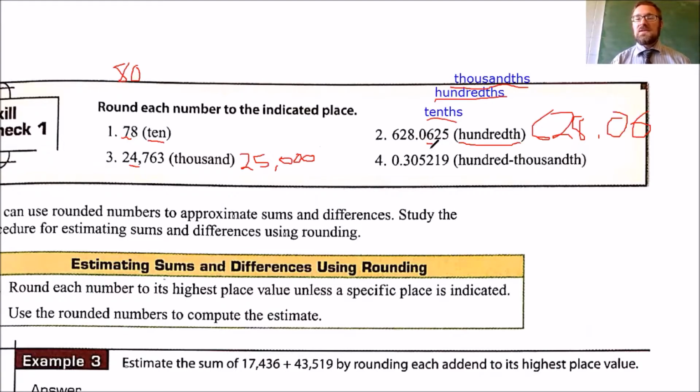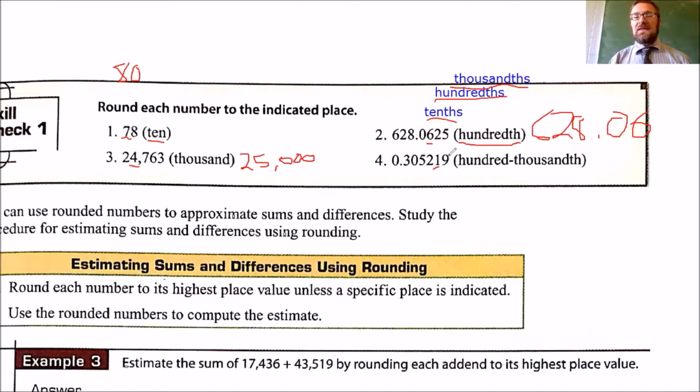So the 2 is in the 10,000ths, the 1 is in the 100,000ths, and now we've got to say something besides thousandths. So the 9 is in the millionths place. So our 100,000ths place, hard to say, is 1.